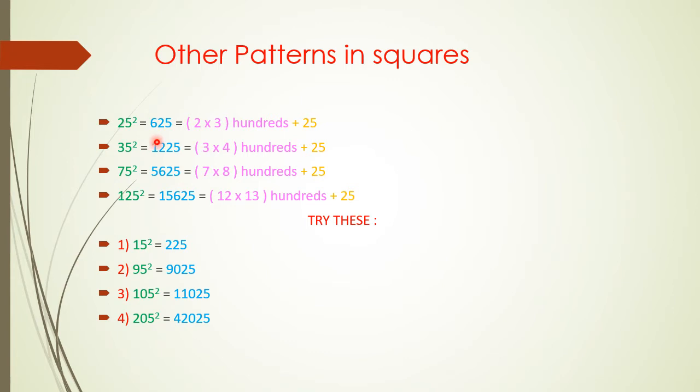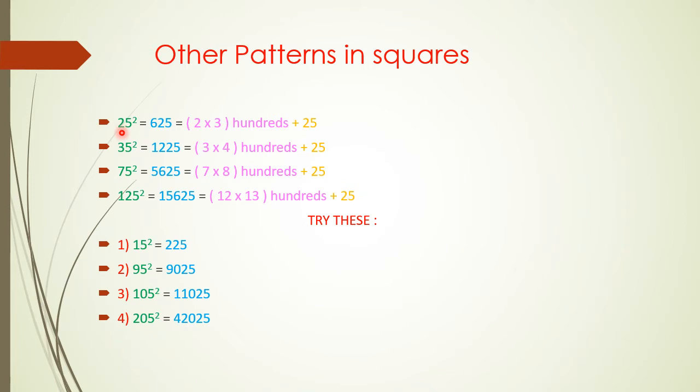Okay, and the remaining digit, here 25 you remove, then what is left? 6. How can we get the 6? You see in the question it is 2, and after 2 which number comes in counting numbers? 1, 2, 3, that way. So after 2 we get 3.